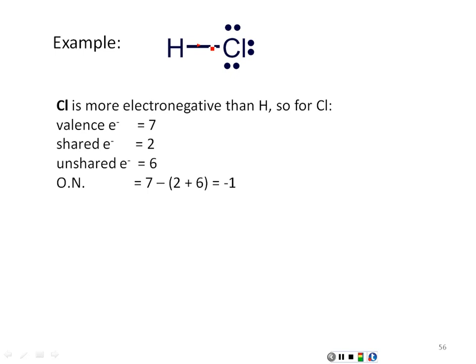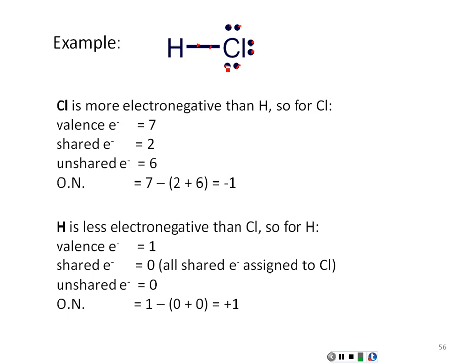Now, when we calculate the oxidation number, chlorine has 7 valence electrons. The shared electrons in this molecule are 2, and the unshared electrons on the chlorine are 1, 2, 3, 4, 5, 6. So oxidation number becomes 7 minus 8, which would be a -1.